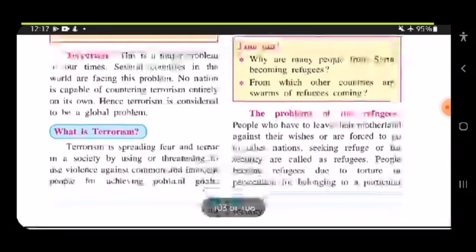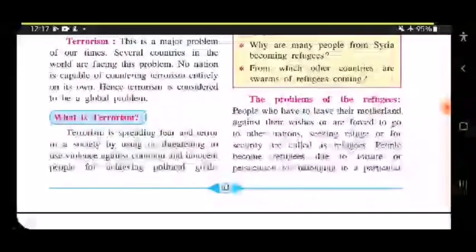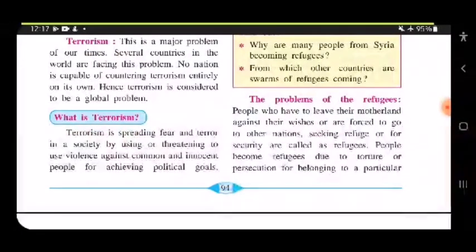Next, let us move on to the problems of the refugees. People who have to leave their motherland against their wishes or are forced to go to other nations seeking refuge or for security are called refugees.